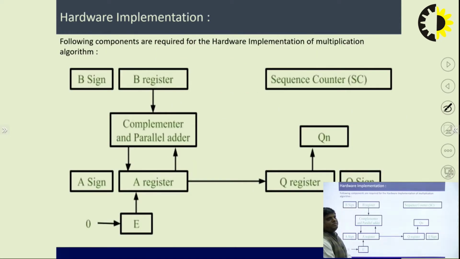This is the hardware required for the multiplication of two numbers.